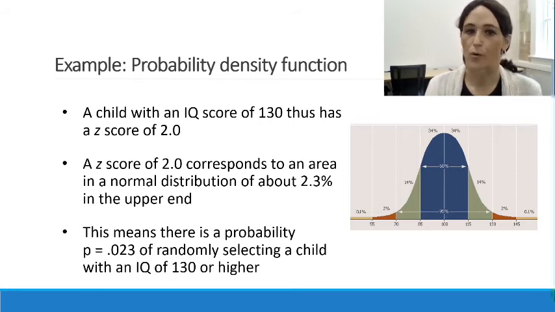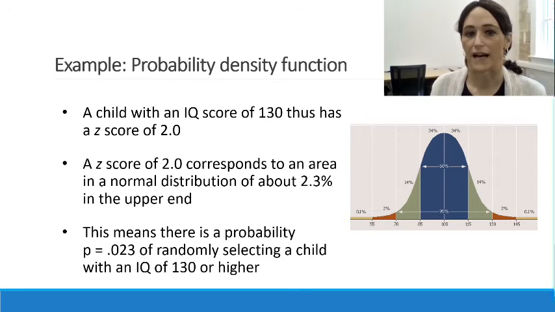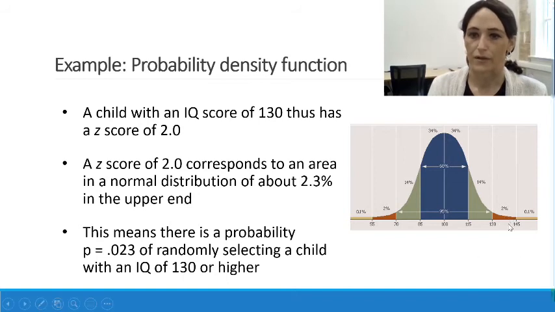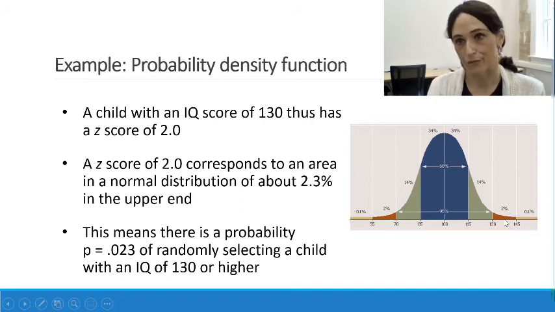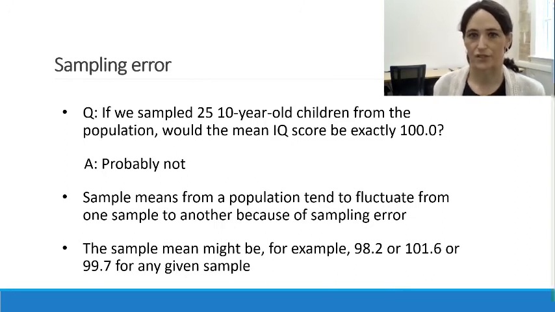This means there's a 0.023 probability, or p equals 0.023, of randomly selecting a child with an IQ of 130 or higher. Again, just like with height, randomly selecting someone who's that high on the IQ scale would be about 2.3%.